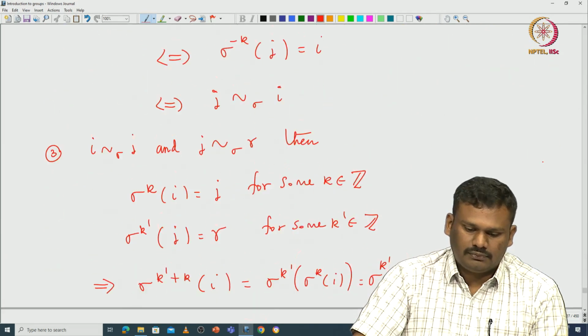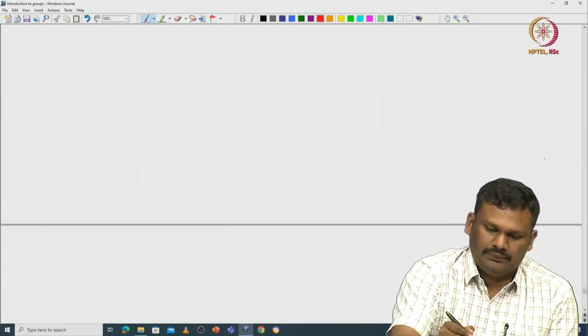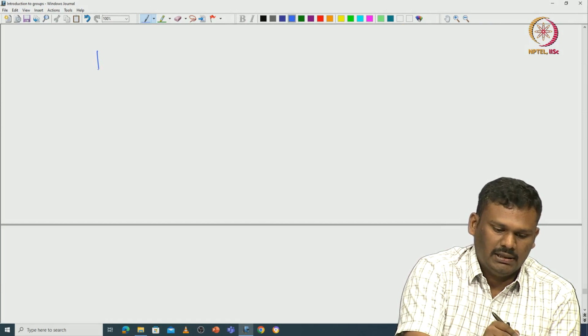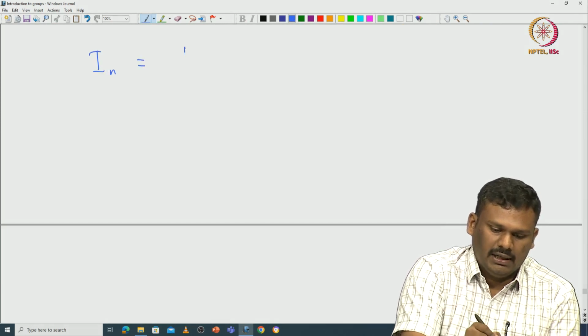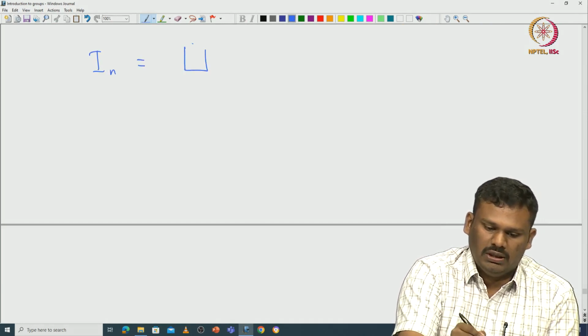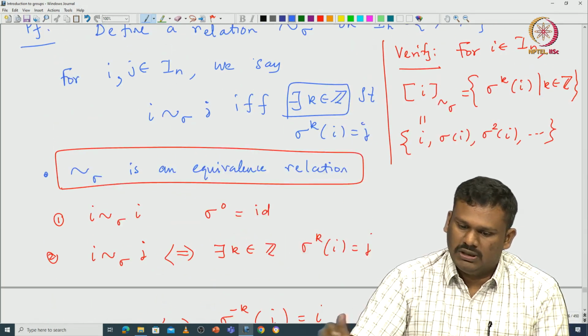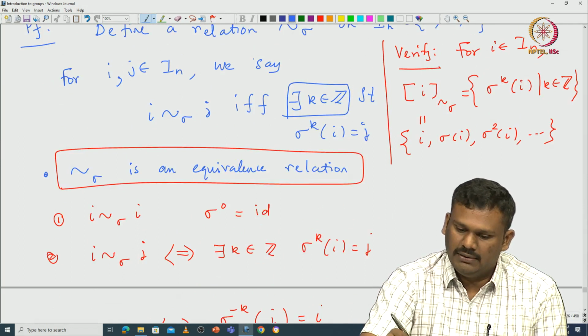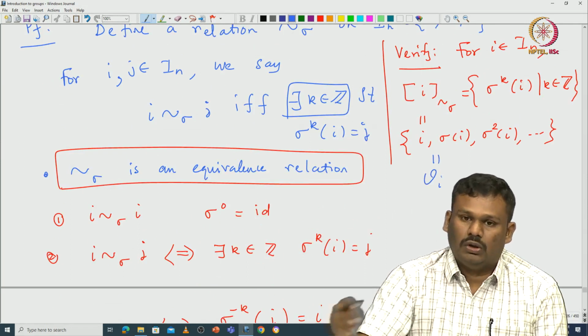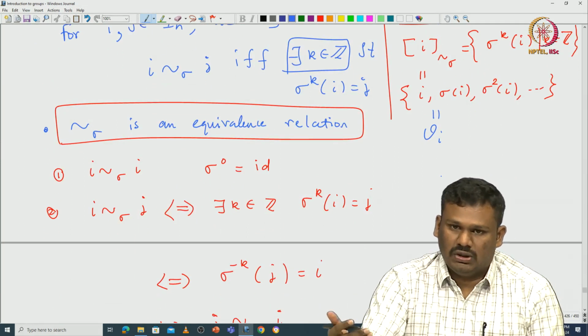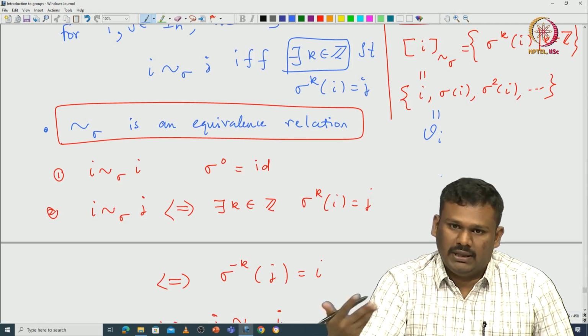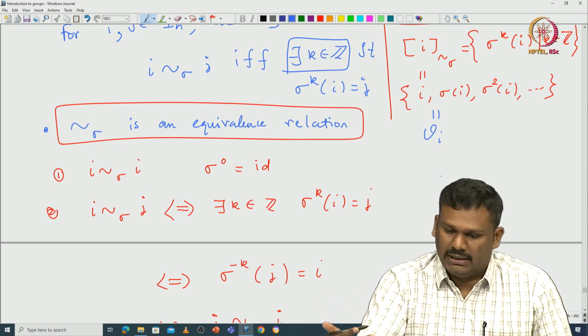Now from this we can easily see that I_n can be written as a disjoint union of these equivalence classes. This you call the orbit of i, because you are looking at the action of sigma on i and taking repeated action of sigma on i.